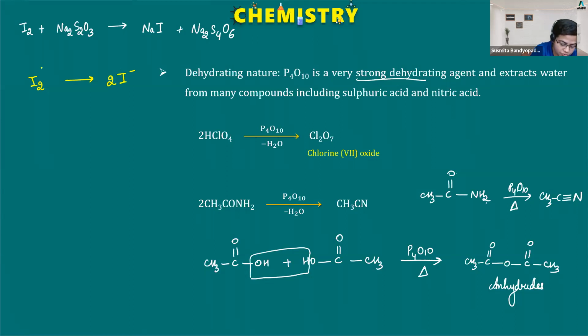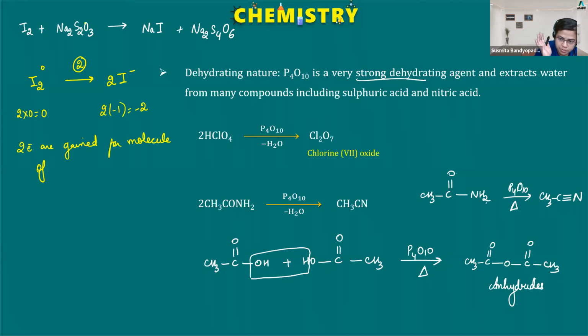So 1 iodine oxidation number is 0. 2 iodines, 2 into 0, 0. 2 into minus 1, minus 2. So basically 2 electrons are being gained per molecule of iodine. I agree, 2 is the correct answer.